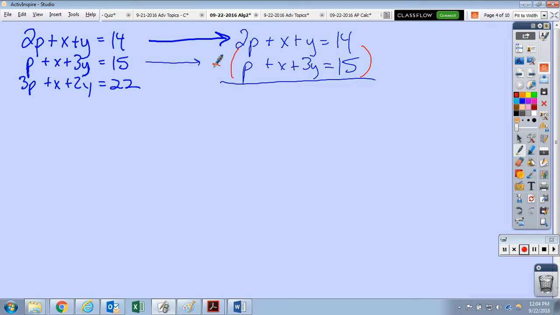All right. So for here, let's go ahead and keep moving forward. The x's would go away, so we're just left with p minus 2y equals negative 1.